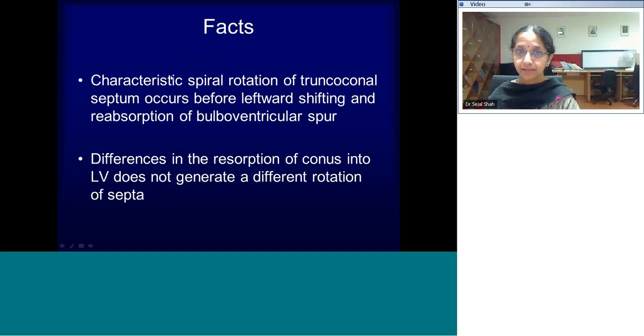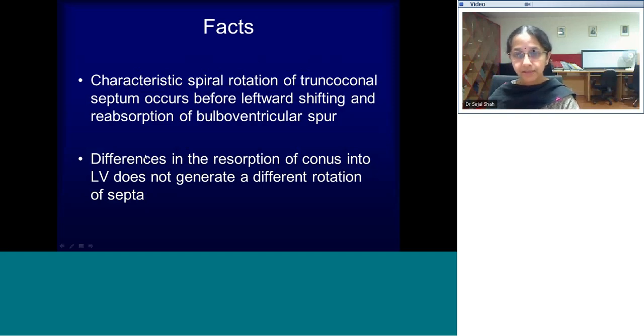Another fact is that the characteristic spiral rotation of the conotruncal septum happens much before the leftward shifting and the resorption of the bulboventricular spur. This is an important change we understood a couple of slides before, where we have the disappearance of the bulboventricular spur and a leftward shift of the conotruncus. Now this happens later on, after the spiral rotation of the conotruncal septum.